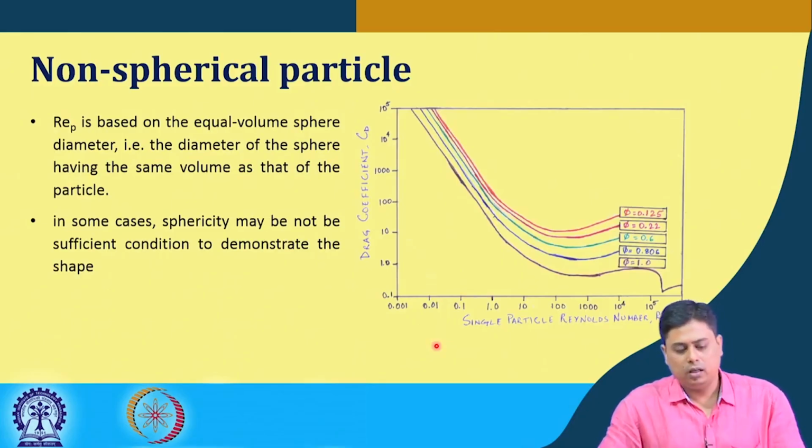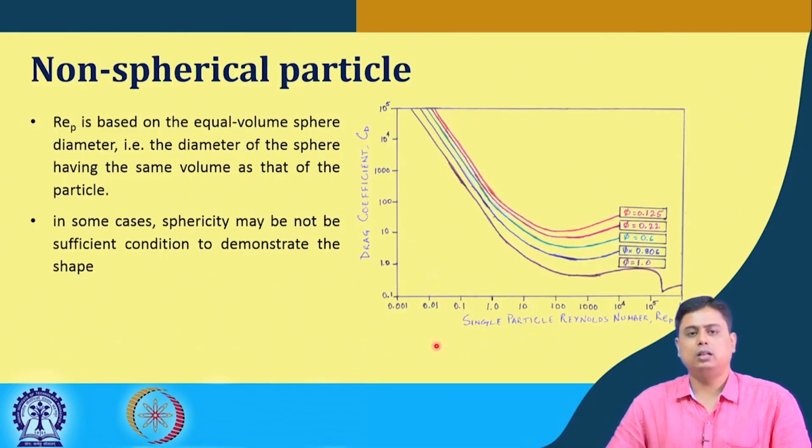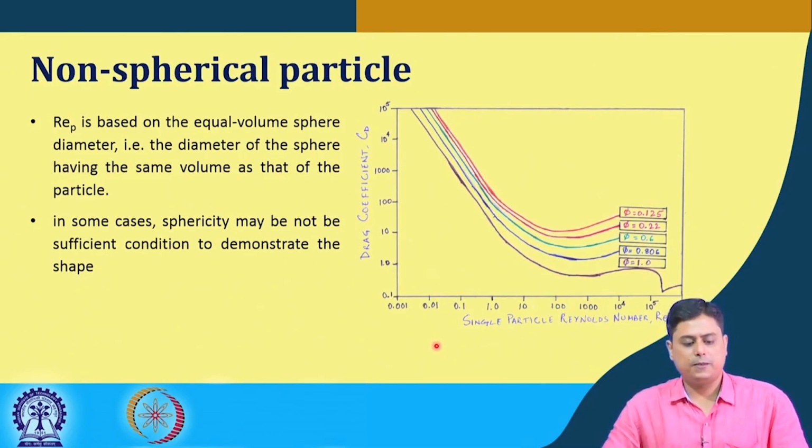So typically, again, like the other cases, this is quantified by such plots or the tables that are given, where the particle Reynolds number in this non-spherical object is based on the equal volume sphere diameter.